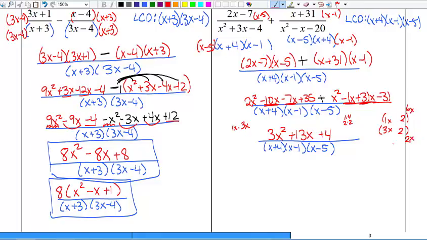Nope, that's not big enough. Let's try 1x and 3x and 4 and 1. That gets me 12x, 1x, and that truly does get me 13, so that's plus plus. So this numerator factors into x plus 4, 3x plus 1.